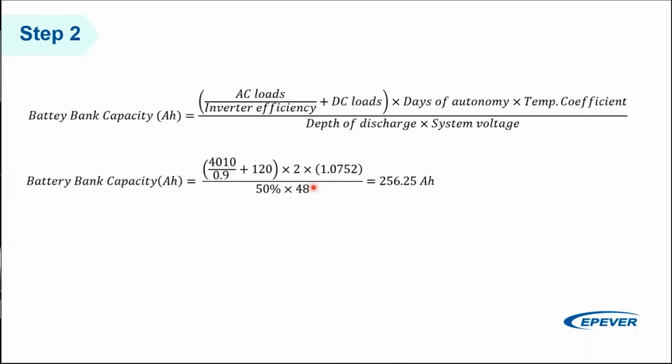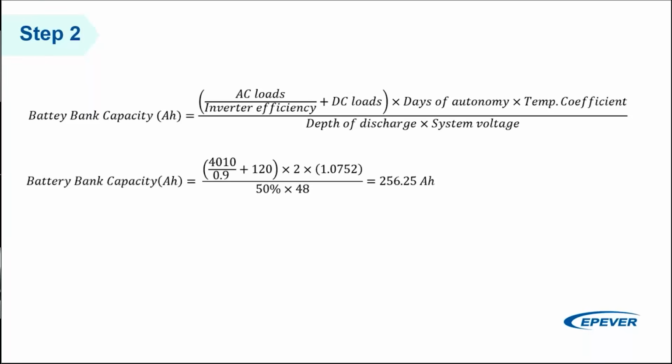So what we see here, we will be needing a set of 48 volt batteries that are providing 255 amp hours. If you multiply these two together, it's something about 12.3 kilowatt hours.